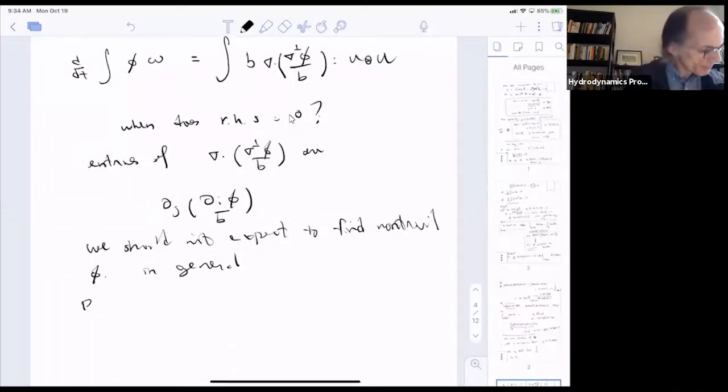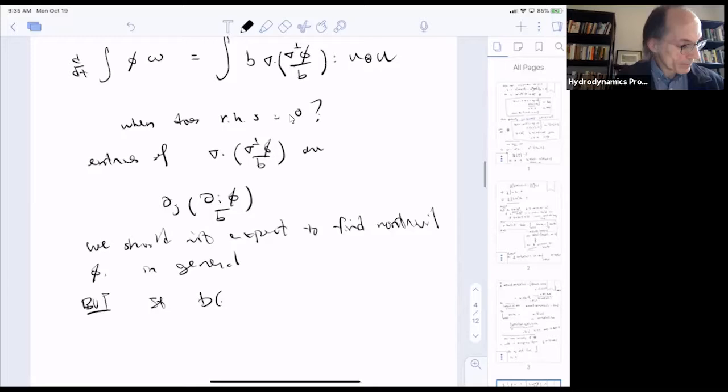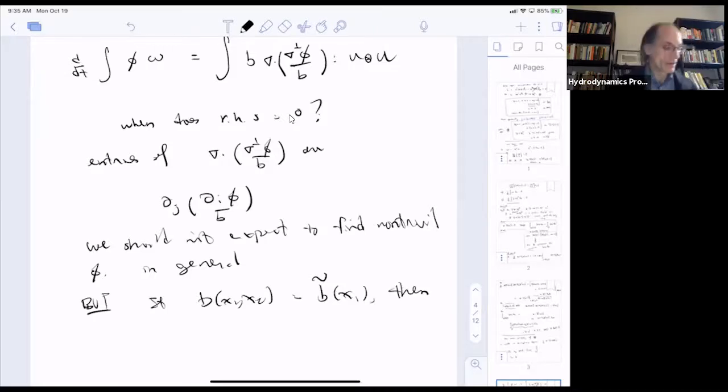But if phi is a function, if the weight b is a function of a single variable, say, then what happens? Then we should be able to do this.